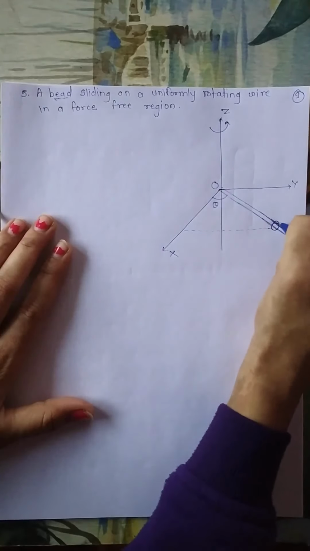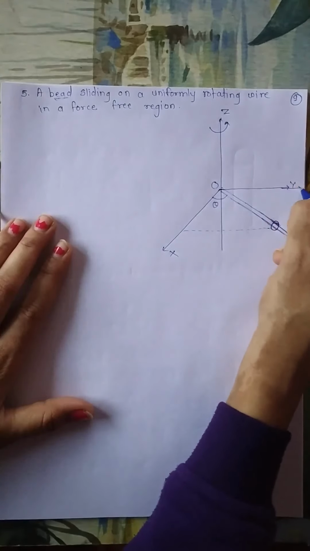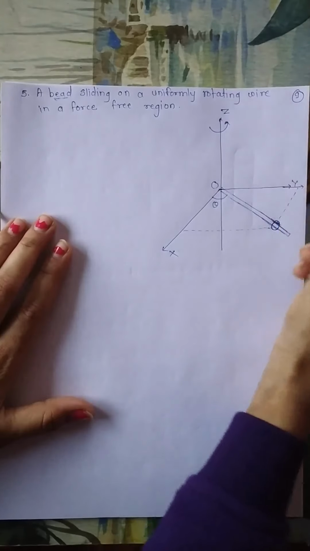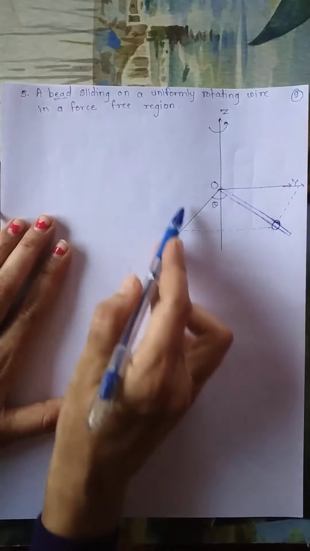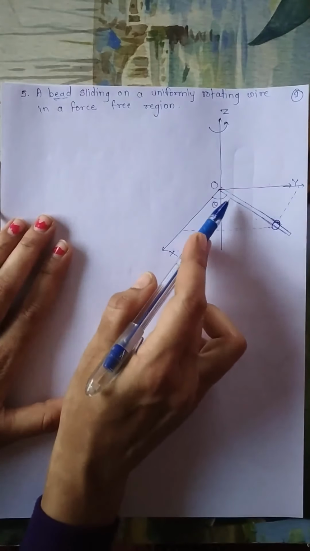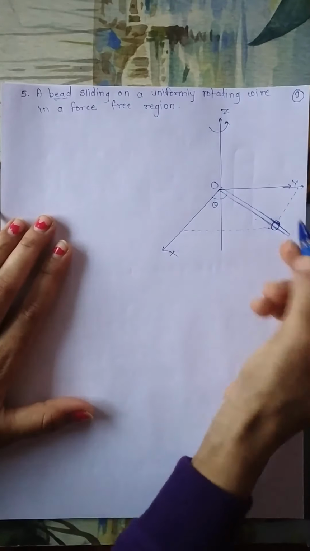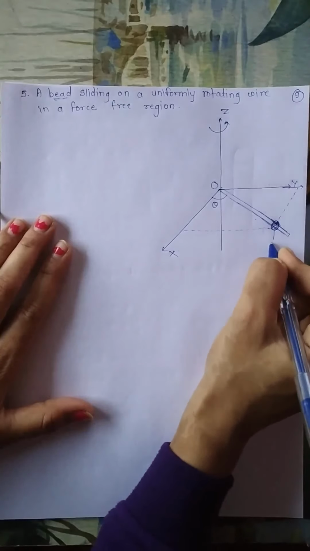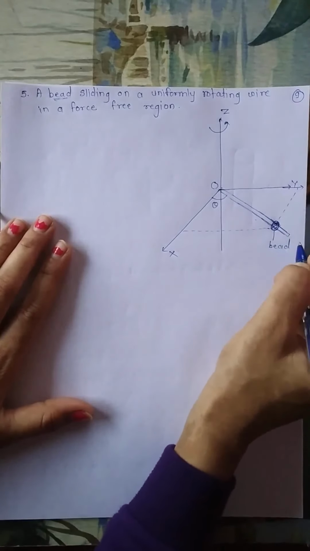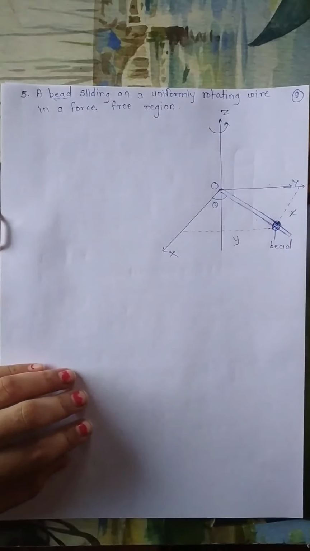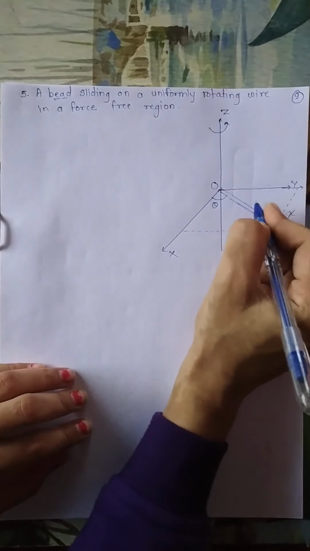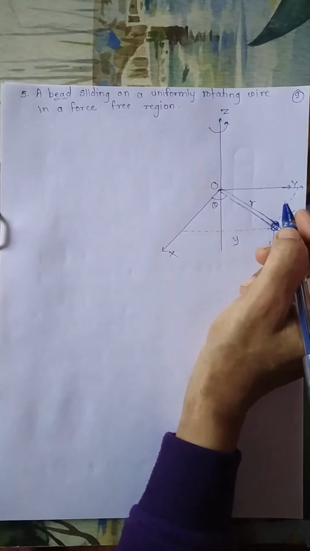This will be the xy plane. So on this xy plane there is the wire which is rotating in the plane, and on that wire a mass or a bead is sliding. So this is a bead. Now in this system, let's say this length is x and this is y. So the position of the bead is given by r, suppose.